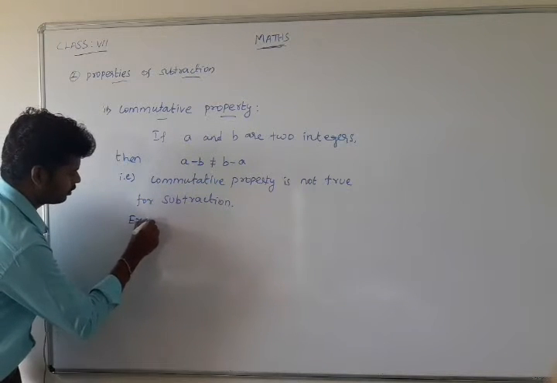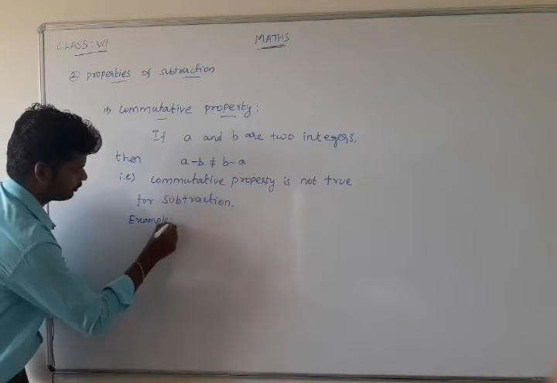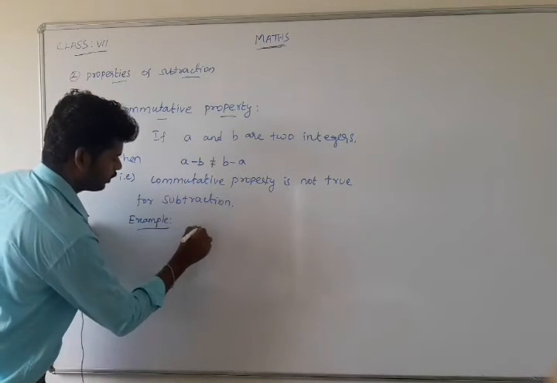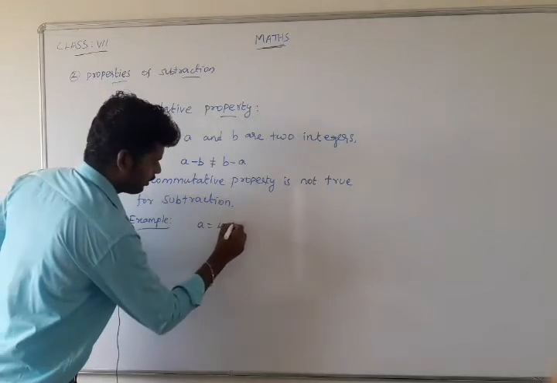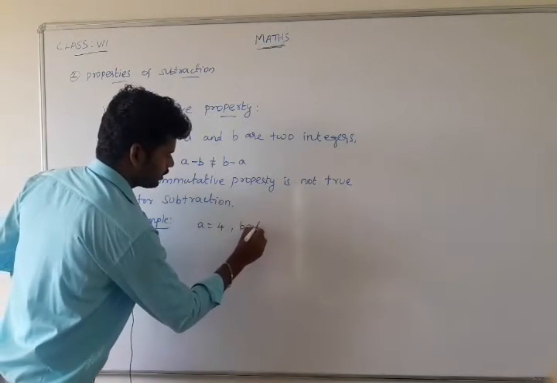Example: you take A equal to 4, B equal to 6.